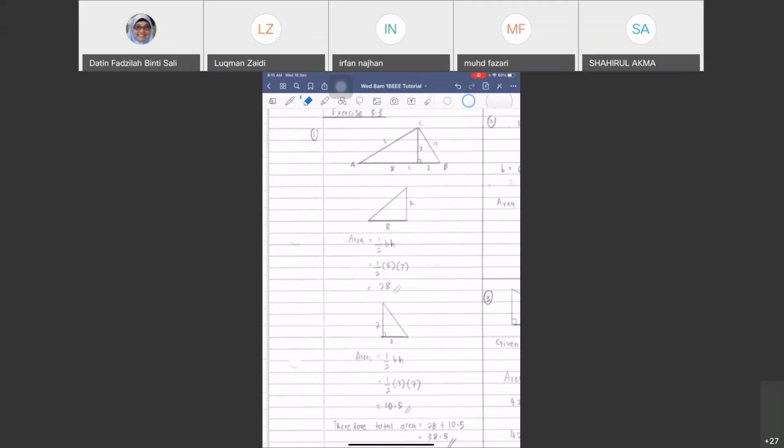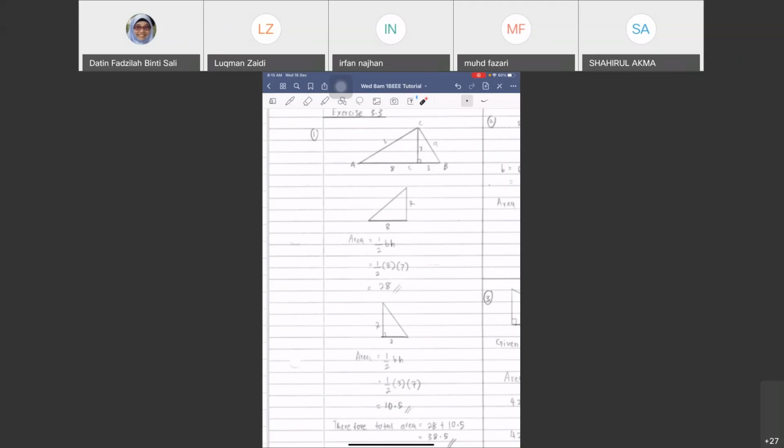Basically, your friend separated the given triangle into two triangles. So this is the given triangle in the question, and your friend separated these two triangles: one is the big one here, and then the smaller one.